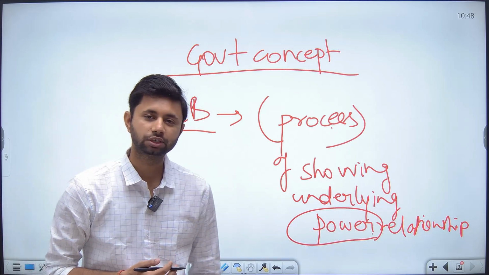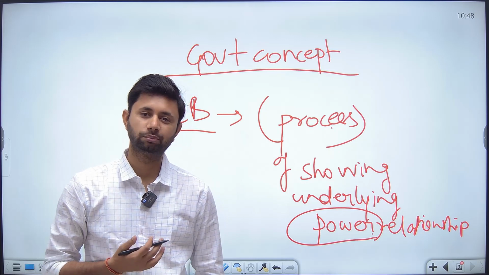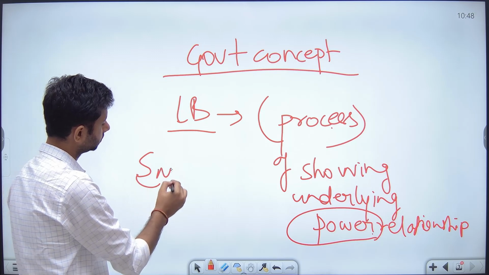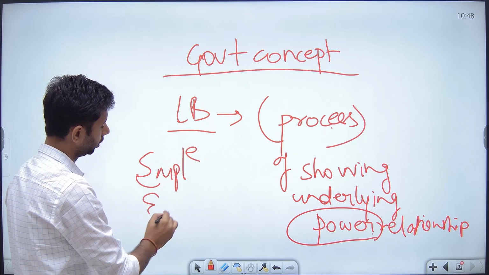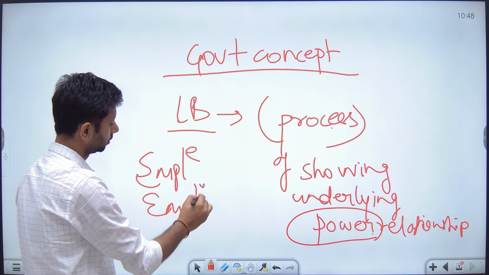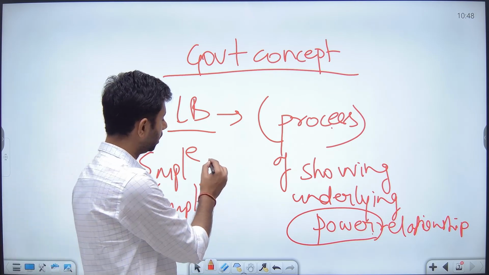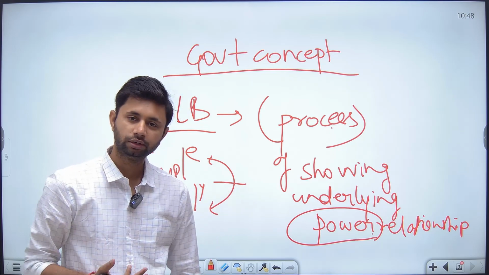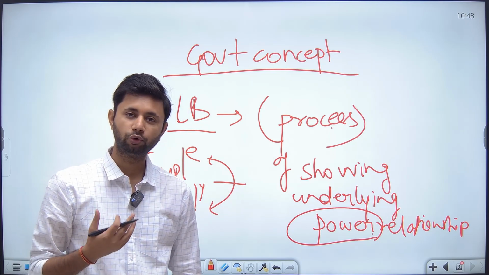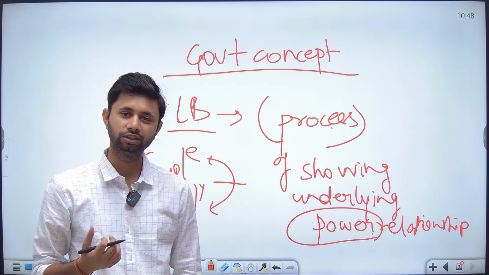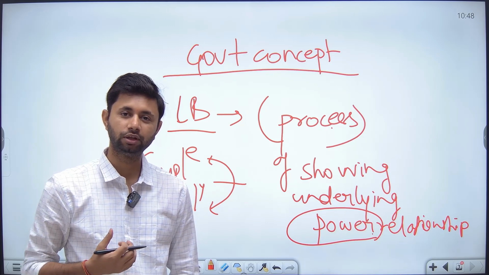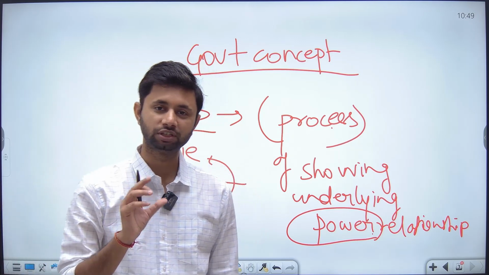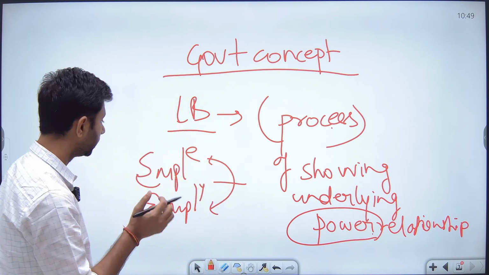Within this concept, collective bargaining talks about the power relationship between the stakeholders, between employees and employer: how they are interacting with each other, and how they are making their demands, where the workers are focusing on increasing their power. Similarly, the management also focuses on increasing its power, and both actually want the decision making power with respect to their core area of interest.